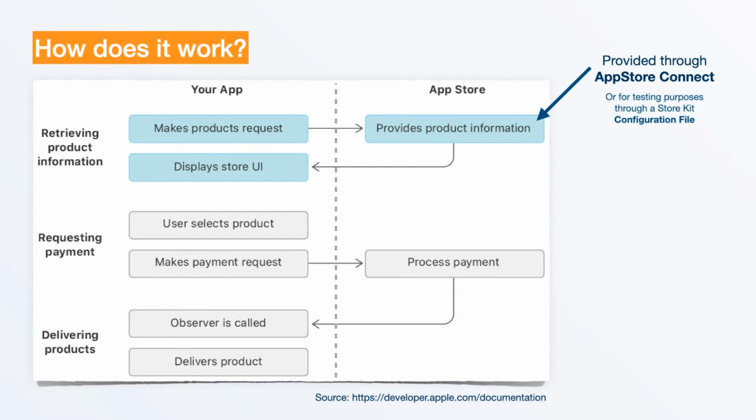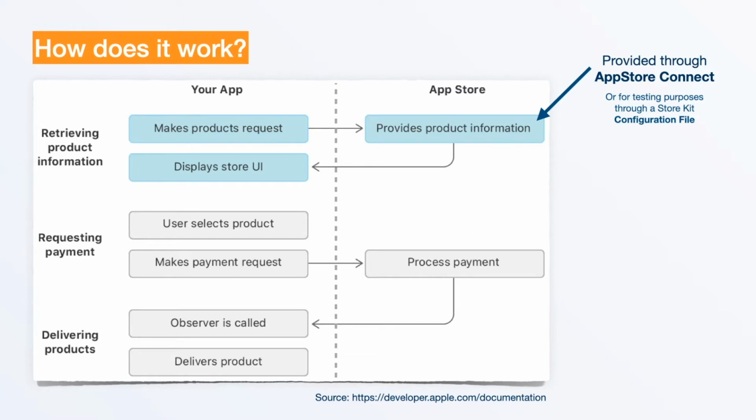Now, for testing purposes, it obviously wouldn't connect to the App Store because it would simply read it from the StoreKit configuration file. But nevertheless, when you want to go public, sooner or later, you have to provide this information through App Store Connect. So once your app gets back that information, it is responsible for displaying the Store UI.